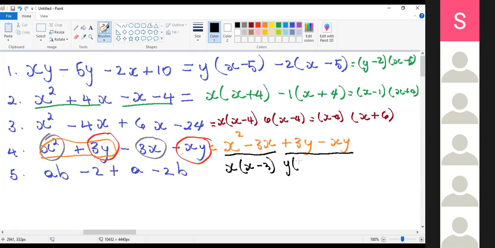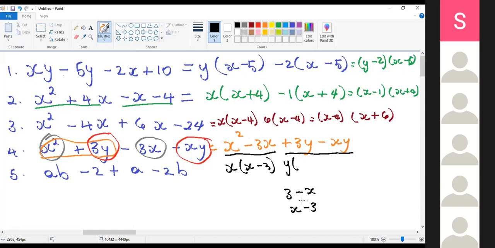But I got 3 minus x, is that the same as x minus 3? You got 3 minus x. Yes. 3 minus x, x minus 3, not the same thing. You're close though, but you need to factor out something else. Because x minus 3 is not the same thing.